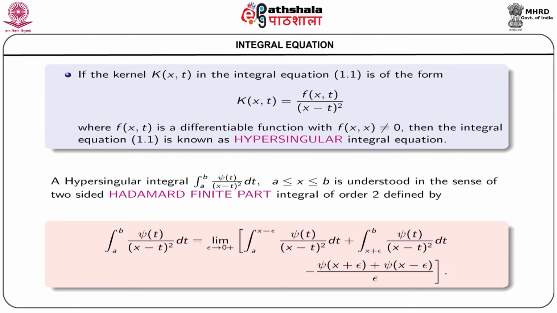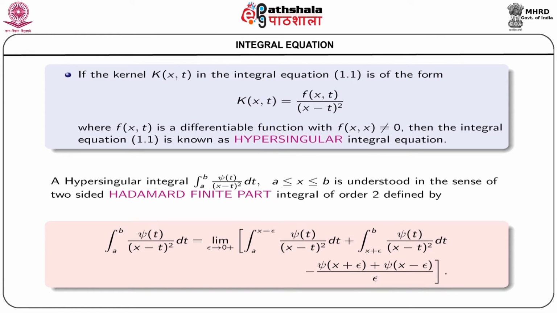Next, if the kernel of the integral equation is of the form k(x,t) equal to f(x,t) divided by (x minus t) whole square, where f(x,t) is a differentiable function with f(x,x) not equal to 0, then the integral equation is known as hypersingular integral equation.